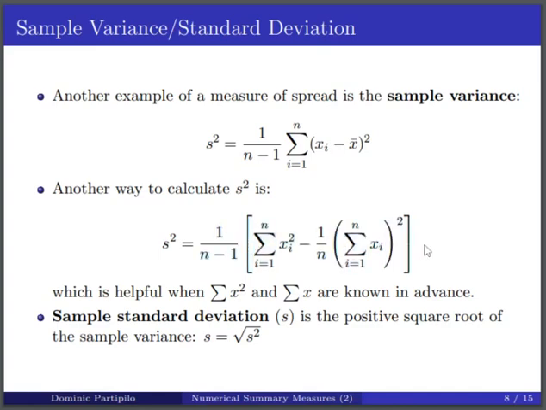However, this is known as the shortcut method to calculate the sample variance. And why is that? Well, what's common in statistics courses is that these two quantities, the sum of the x squareds and the sum of the x values, are going to be given to you. If you know them in advance, then this formula is a lot faster than the formula up here.